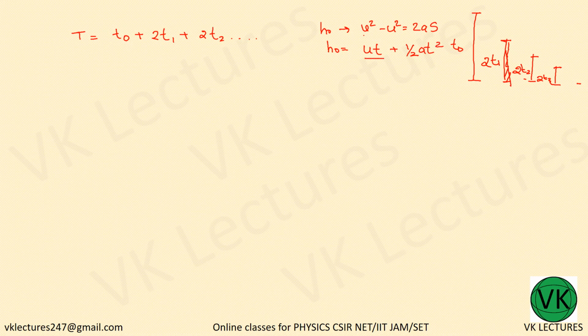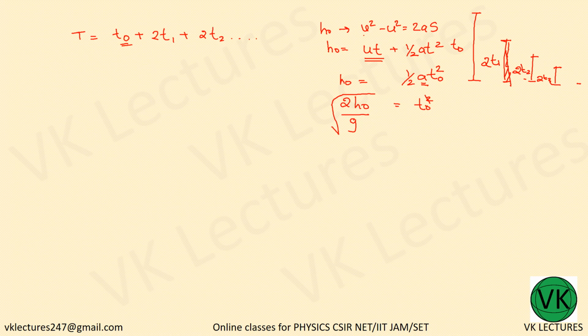Now the initial velocity of the particle is 0, so we go with h naught is equal to half a t square. Our aim is to find t naught, so t naught is equal to root of 2 h naught, and this a is nothing but our gravity g, so t naught is equal to root of 2 h naught by g.